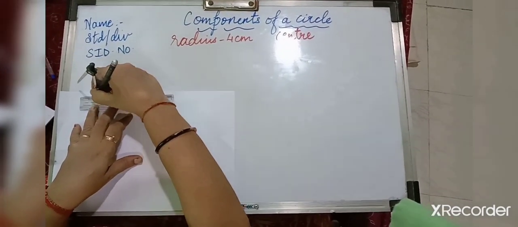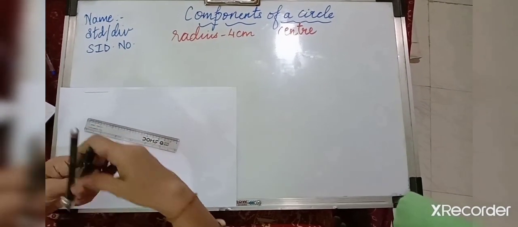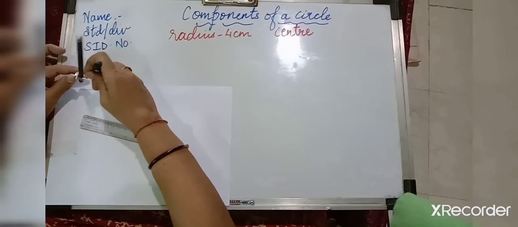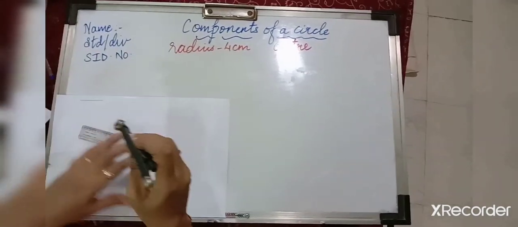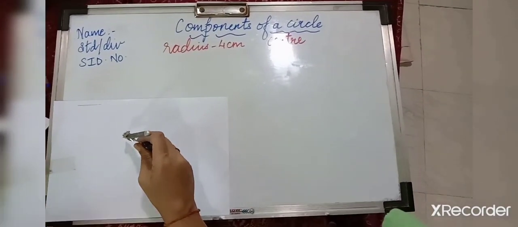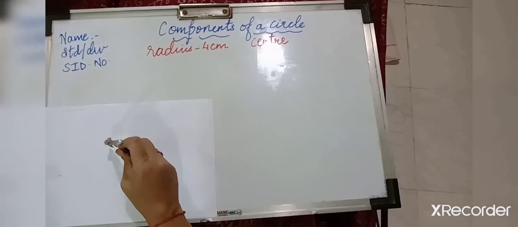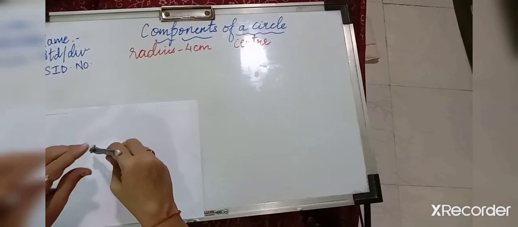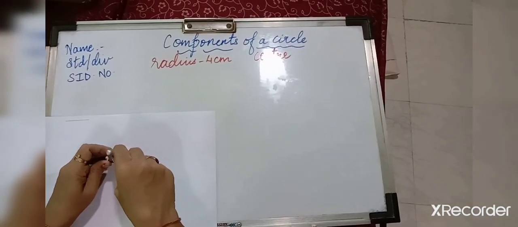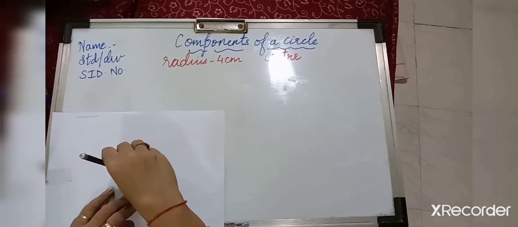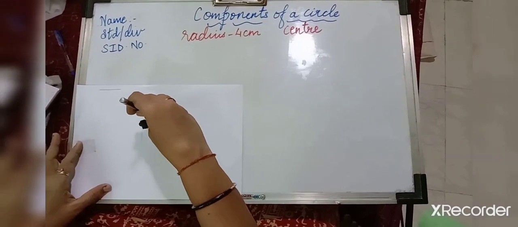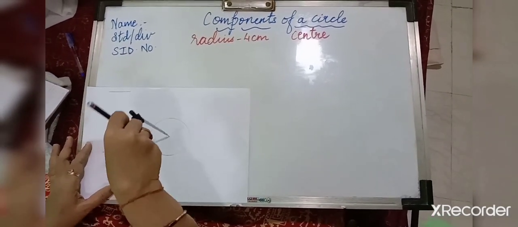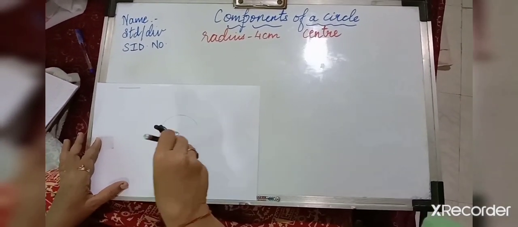Now we'll take a fixed point to draw a circle. The compass has to be placed at a fixed point to draw the circle.